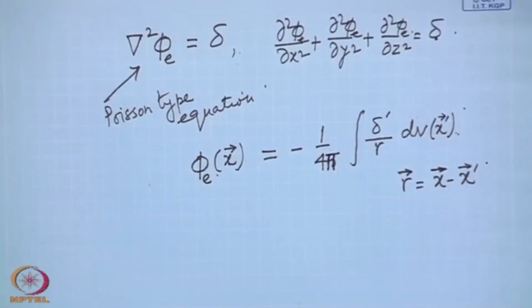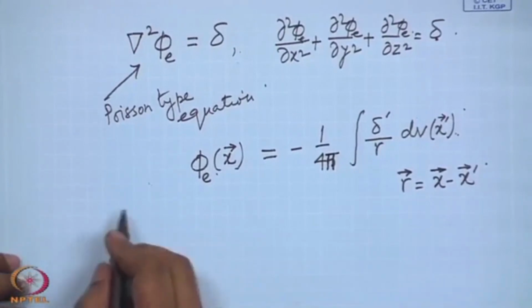Delta prime is the value of delta at x prime. This integration is carried out over the entire fluid.